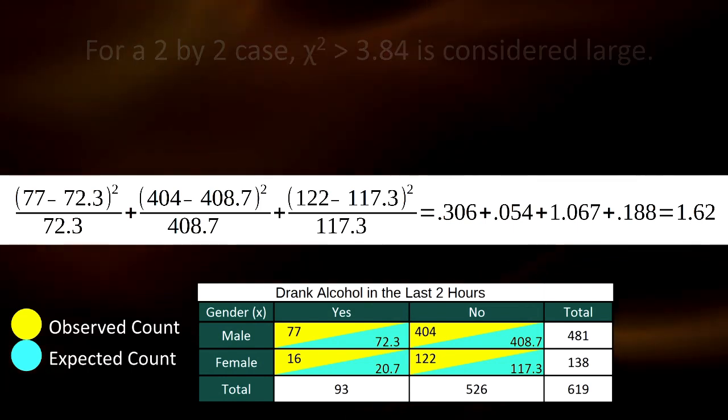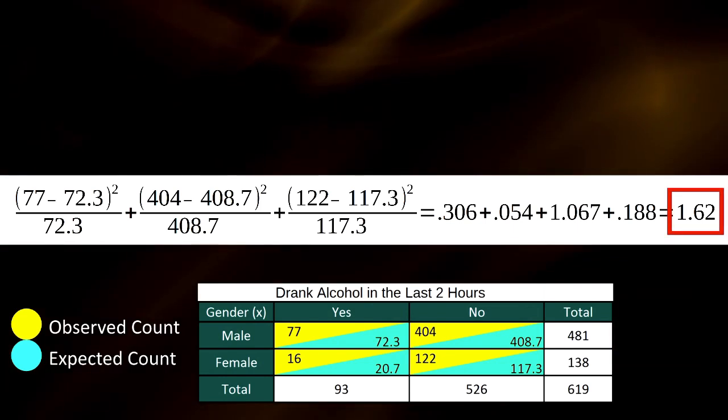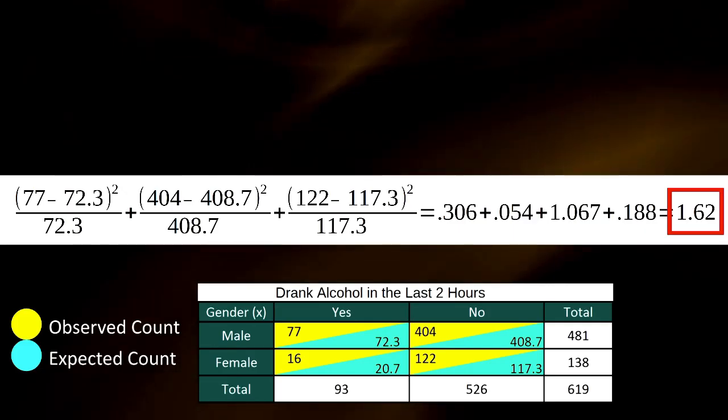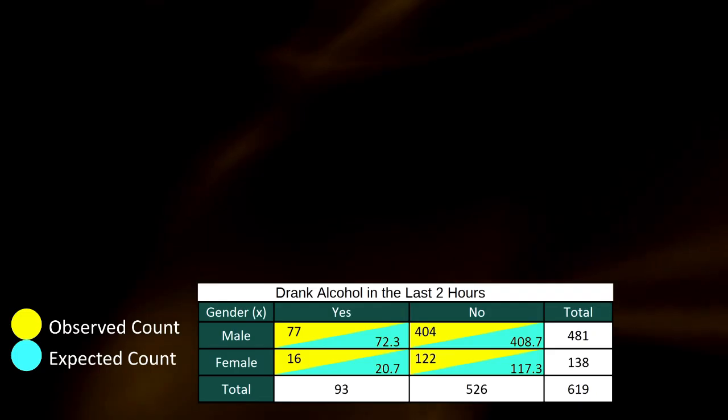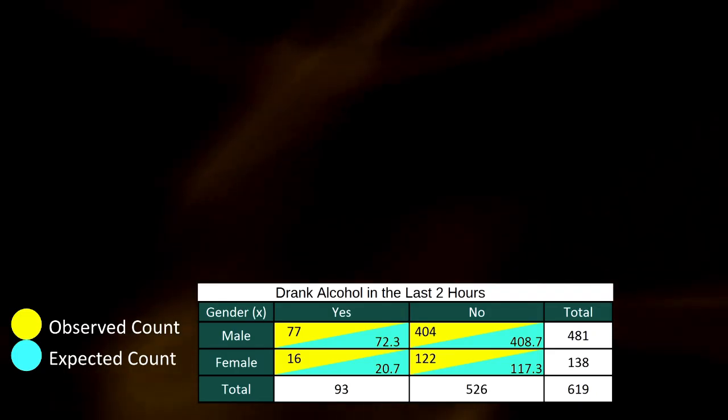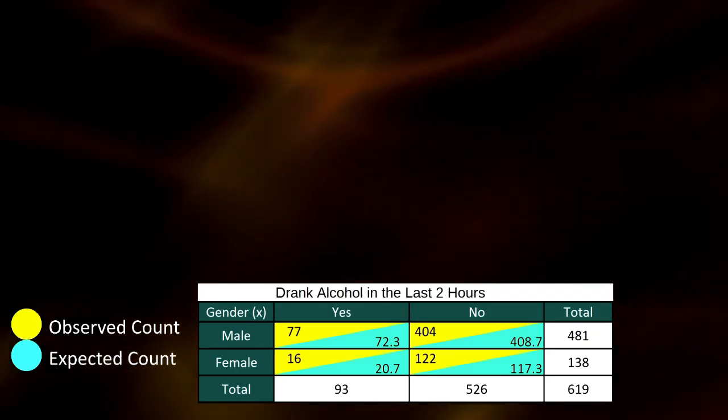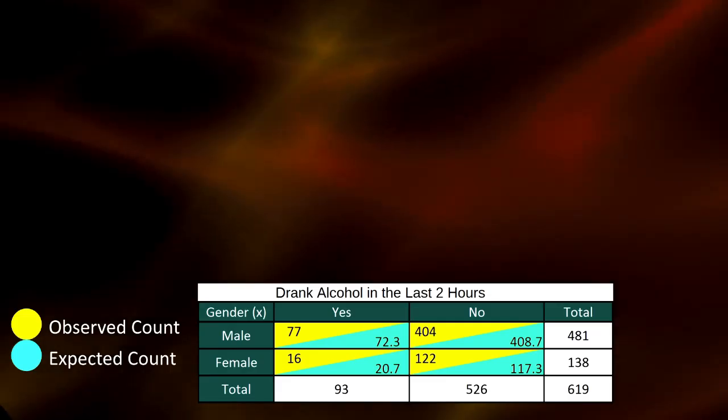Therefore, our test statistic is not large, indicating that the data are not different enough from the null hypothesis for us to reject it. For cases other than a 2x2, there are different cutoffs for what's considered large, which are determined by the null distribution in that case. Thus, we're going to rely only on the p-value for conclusions.